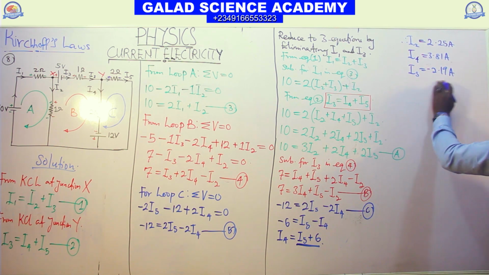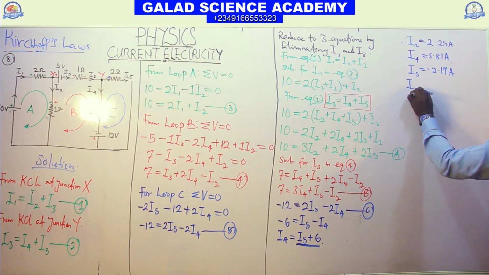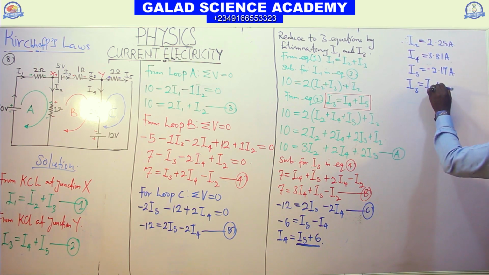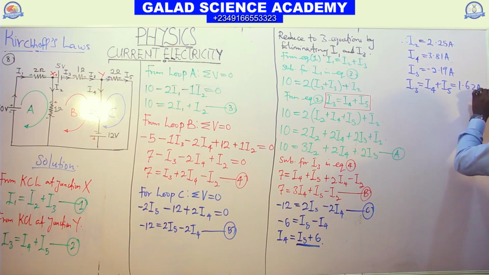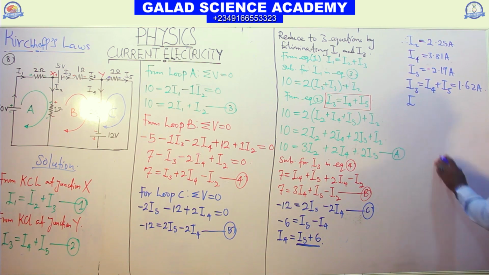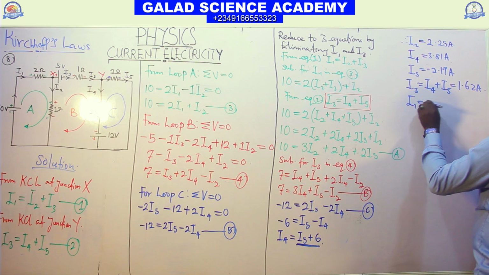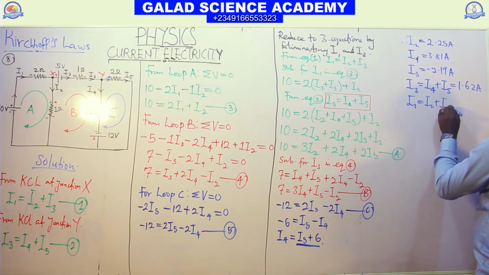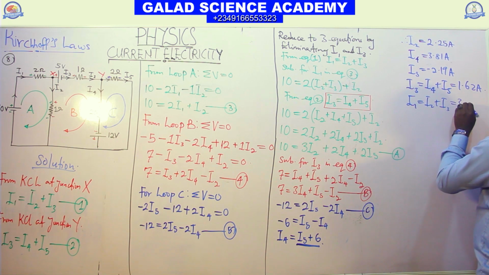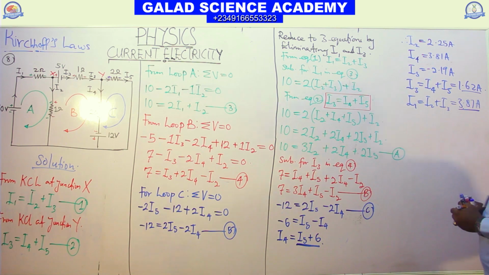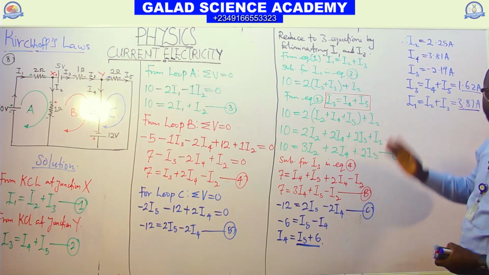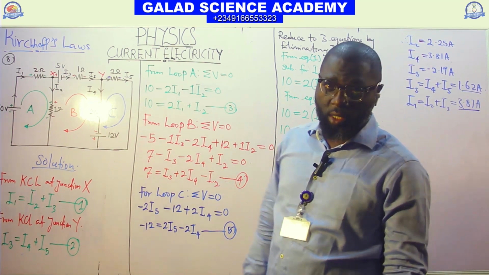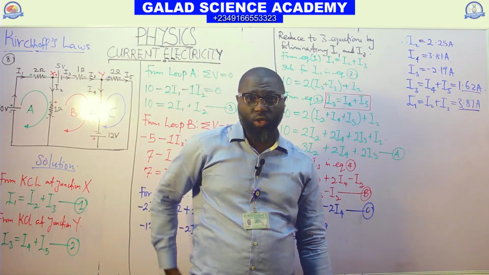We know that I3 is the sum of I4 plus I5. Add it together, we have 1.62 ampere. I1 is I2 plus I3, it will give you 3.87 ampere. So if you solve it further, this is what you are going to arrive at. You have to save time. It's just a simultaneous equation of 3 unknowns.